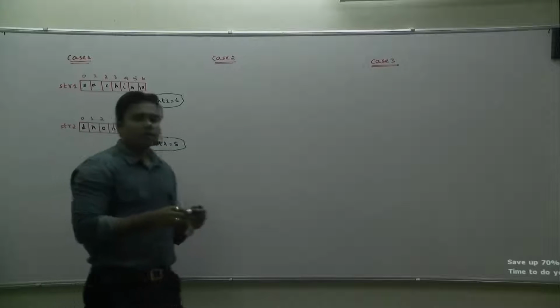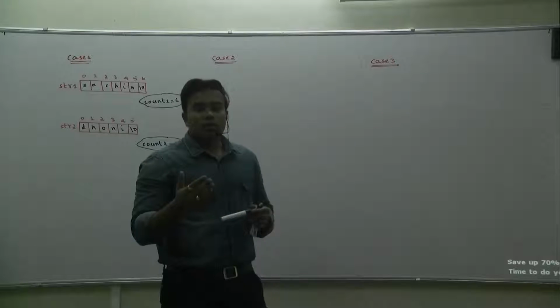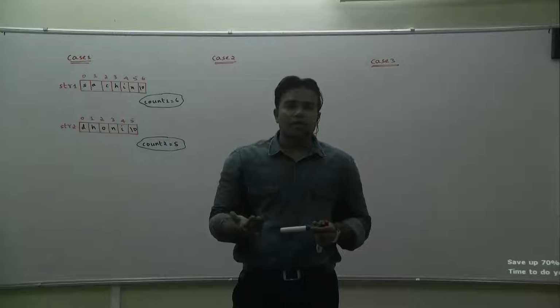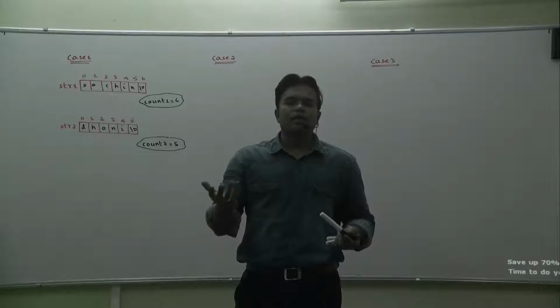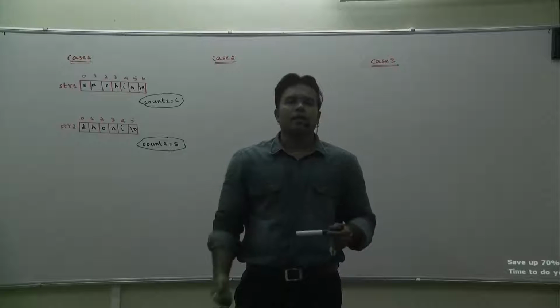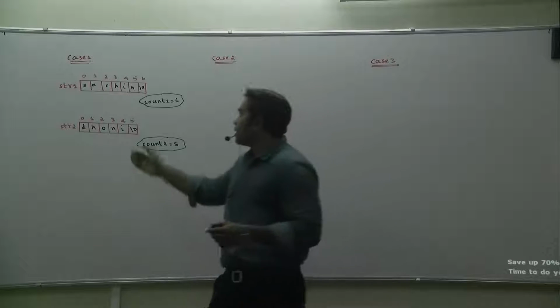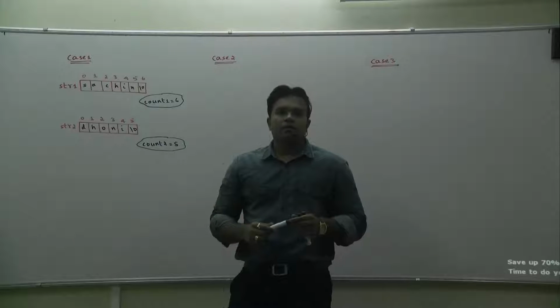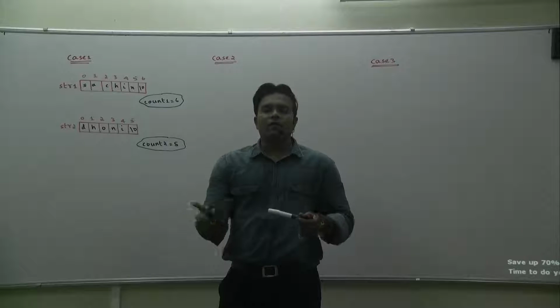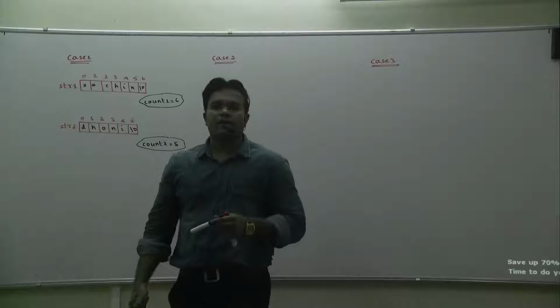In other words, Sachin's count is 6, Dhoni's count is 5. That itself is sufficient to tell you that the strings are unequal. Why will you compare character by character? Not required. When the count is itself different, why will you compare character by character?